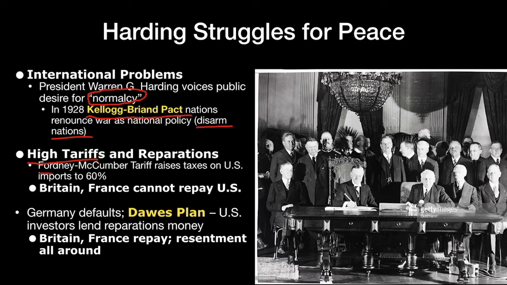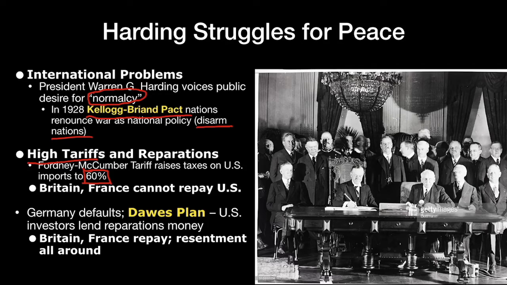So the Fordney-McCumber tariff raises taxes on U.S. imports to 60%. So anything that is coming in from an outside source is now taxed up to that 60%. So it costs more for, let's say in this case, China, to send an iPhone over to the United States than it had been previously.